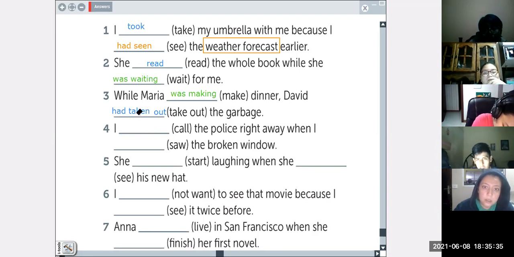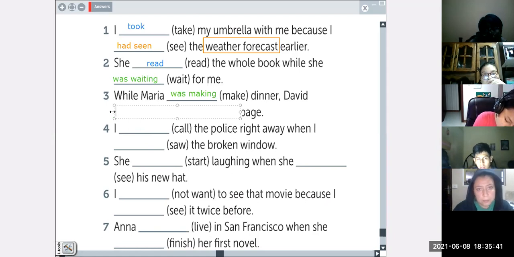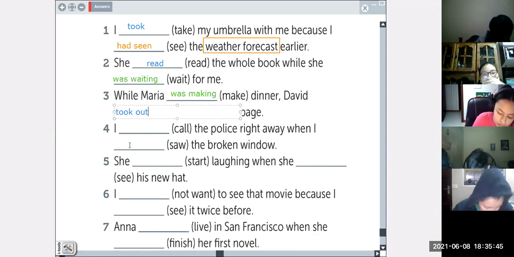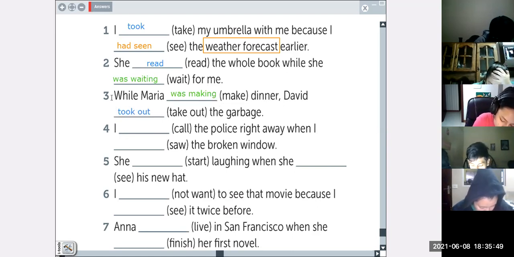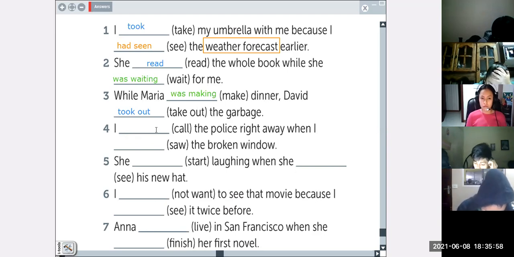Laura? David took out. Took, right? David took out. No was taking porque no es una acción en progreso, no es una acción larga, ¿cierto? Entonces podemos decir, while Maria was making dinner, David took out the garbage. Sacó la basura.